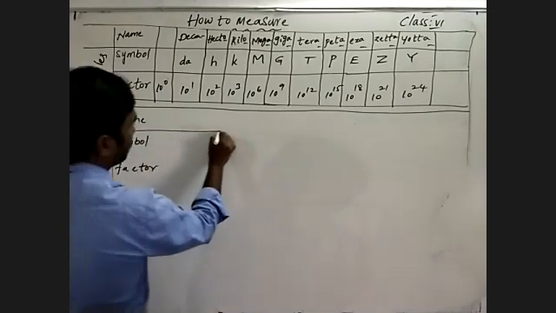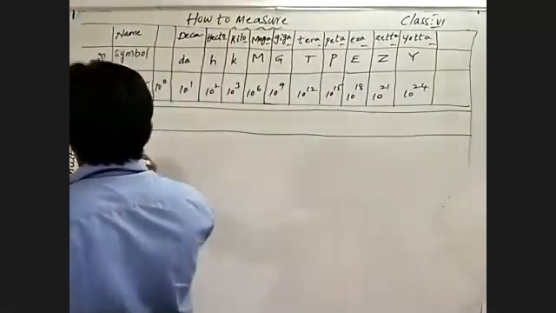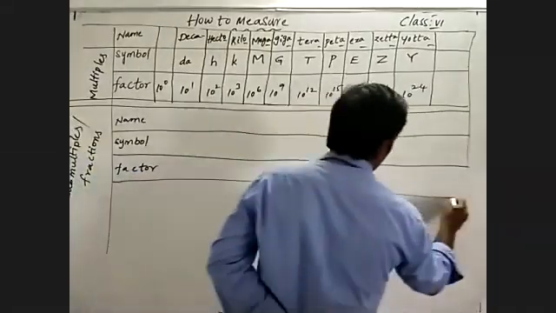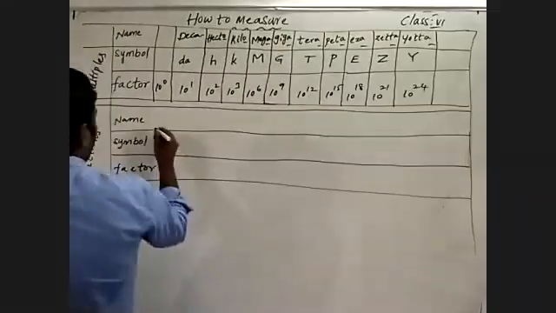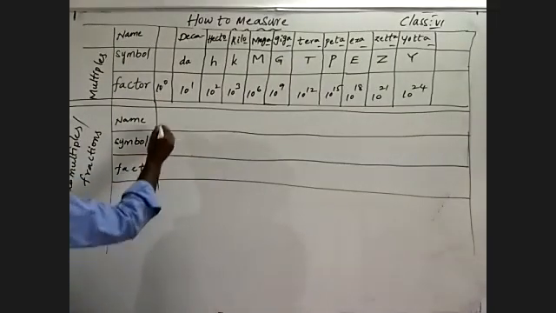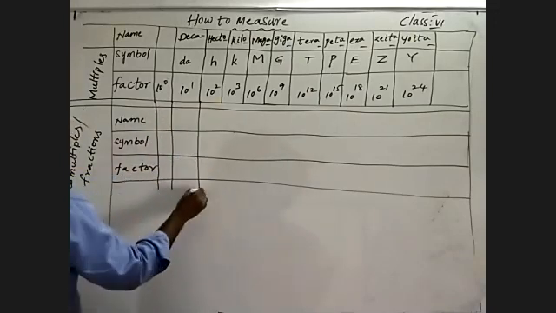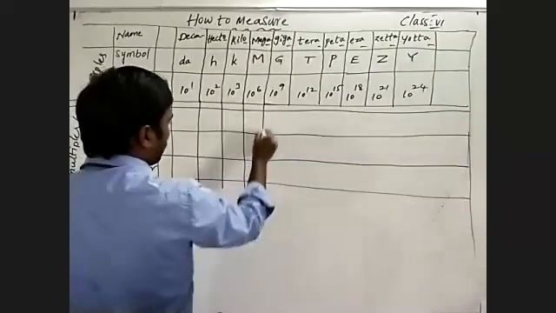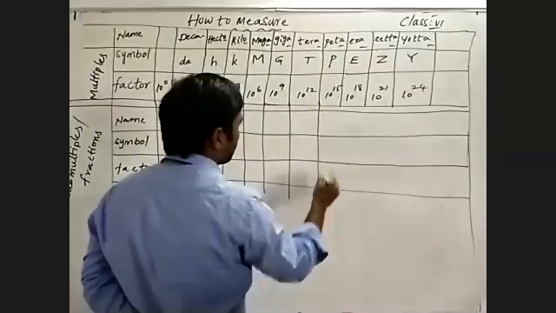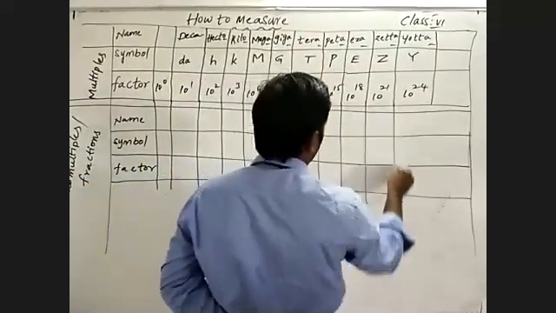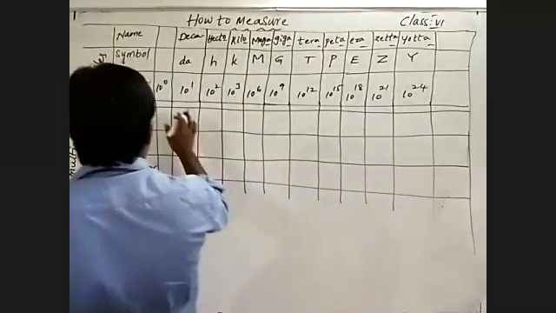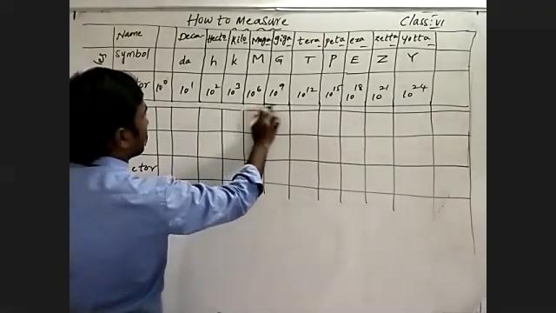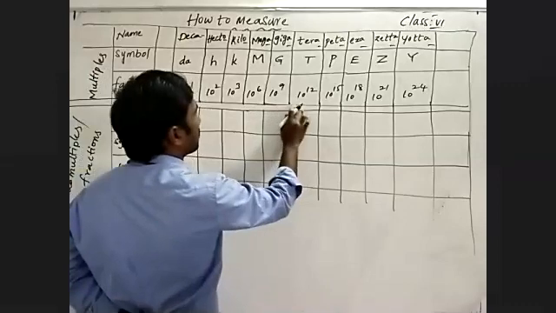Symbol, name, symbol, factor. So we are writing the same again. These are submultiples for those. This is a separate box.